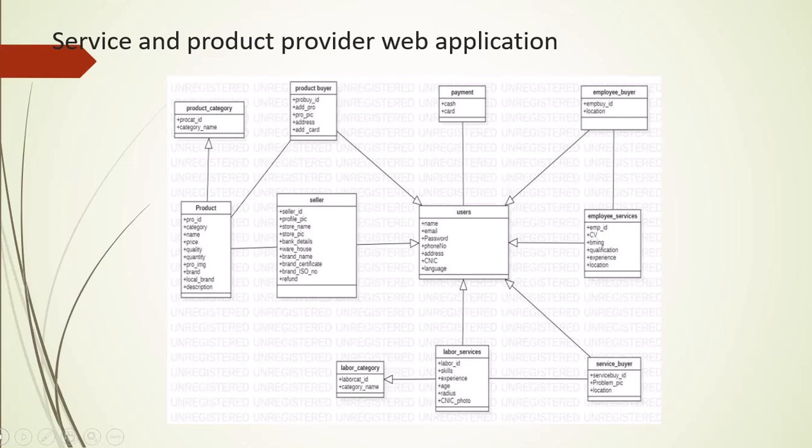After finalizing the sequence diagram, we have drawn it. So this is a user, either employee buyer or service buyer, labor service provider, product buyer, seller, all belong to the user. So all are inherited classes from the user.